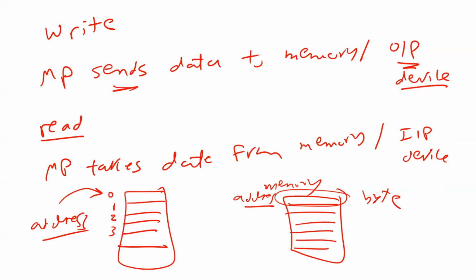Is that okay? So I cannot tell the memory, take this byte and store it. This is not enough. You have to tell me where exactly you want to store it. So the way it has to work, I have to tell the memory, please memory, in the location number 217, in this location, store number 70.